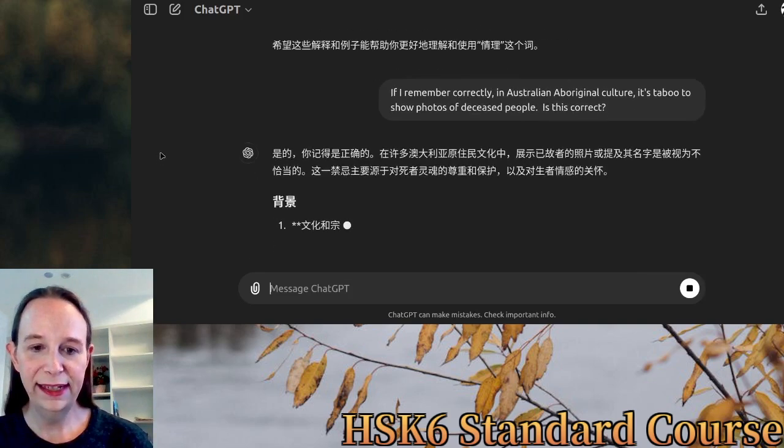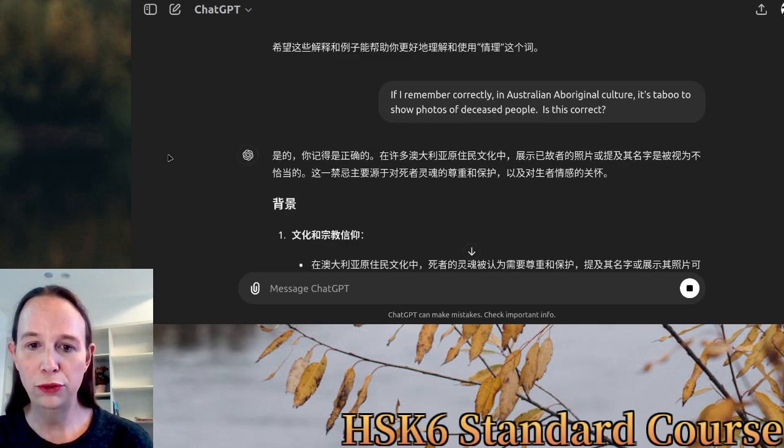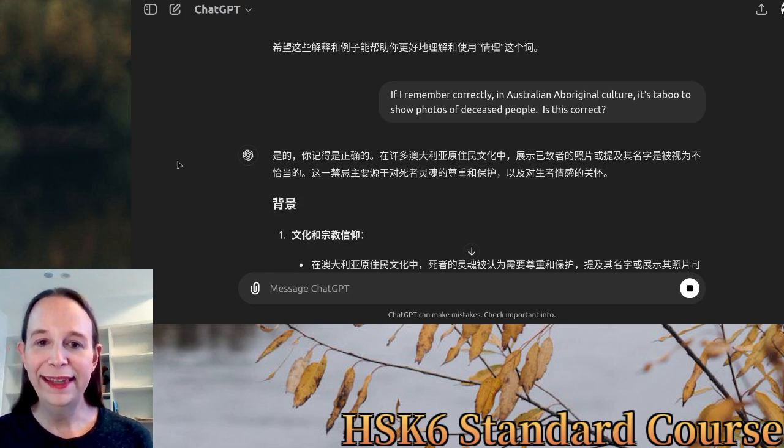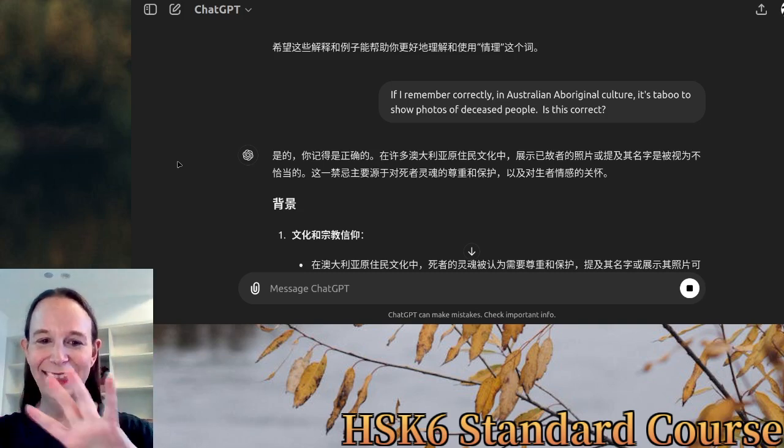是的，你记得是正确的。在许多澳大利亚原住民文化中 yeah, so it's not just one group of Australian Aboriginals that represent everyone.